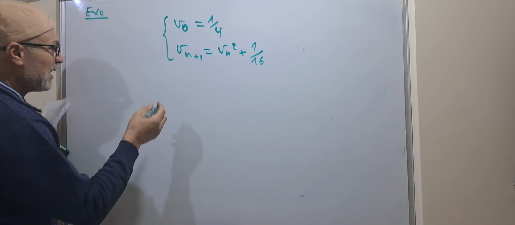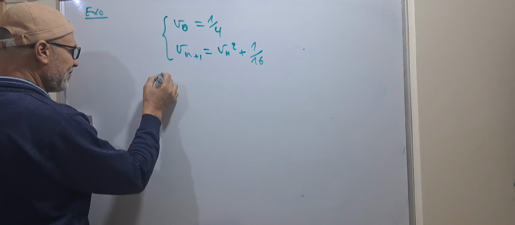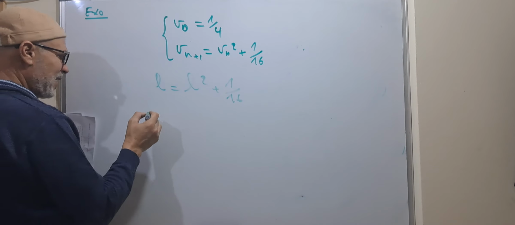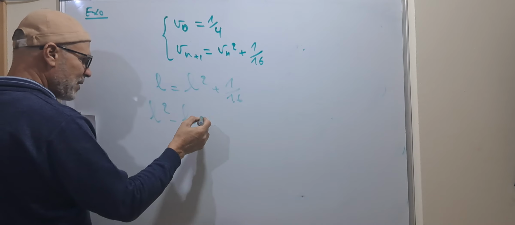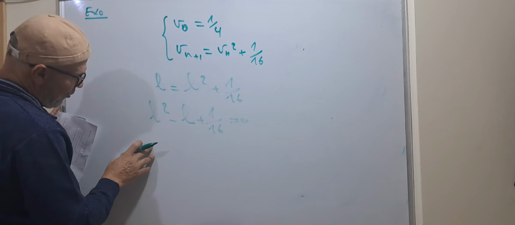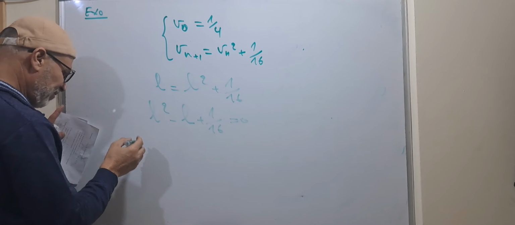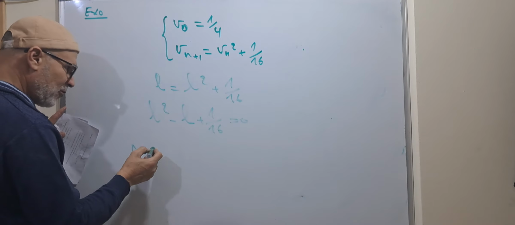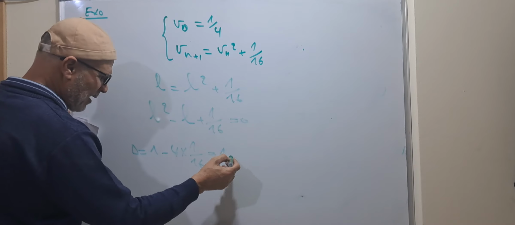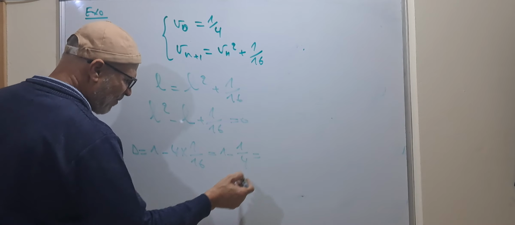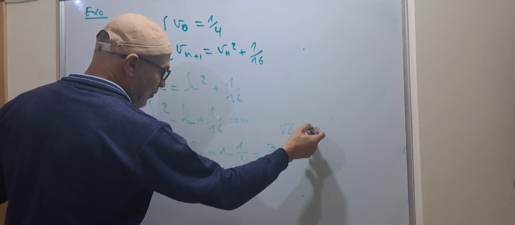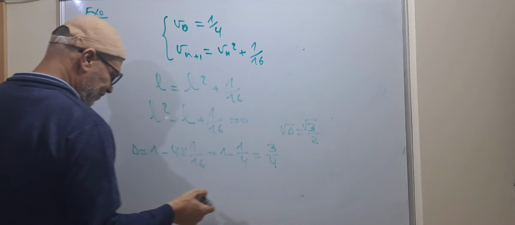The limit should verify L equal to L square plus 1 over 16. This means that L square minus L plus 1 over 16 equal to 0. Delta equal to 1 minus 1 over 16, which is equal to 1 minus 1 over 4, which is equal to 3 over 4. So the square root of delta is equal to the square root of 3 over 2.